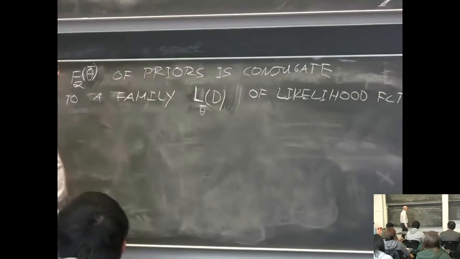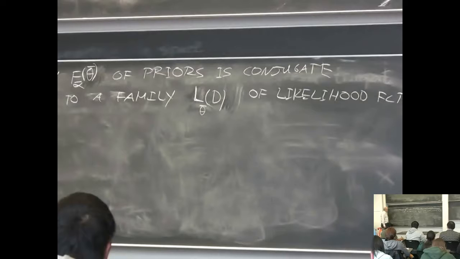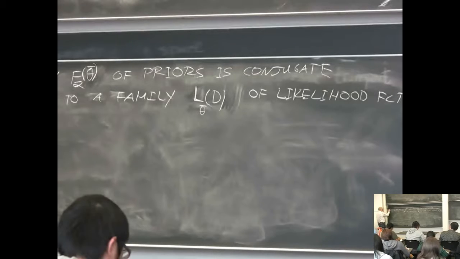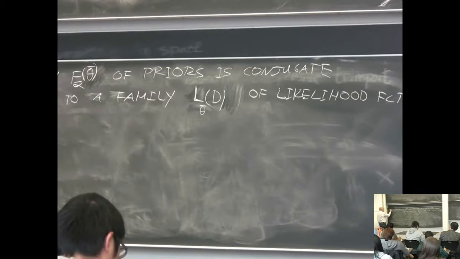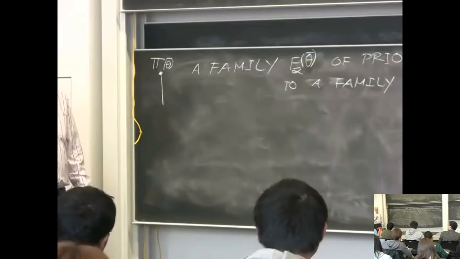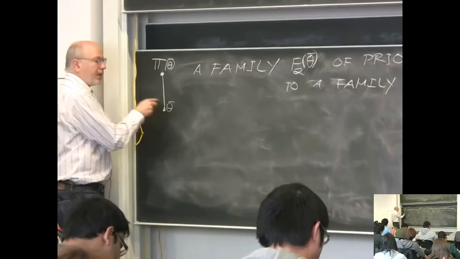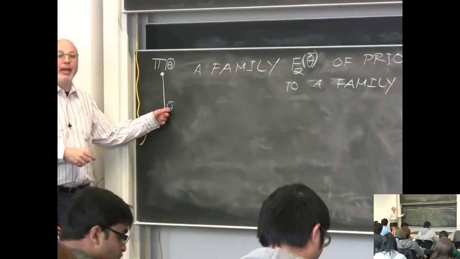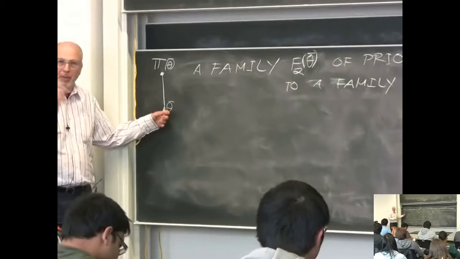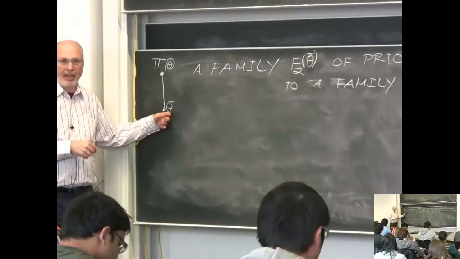So the picture is there is some prior distribution, pi, that gives us theta. You sample from this distribution and you get a set of thetas, one point in high dimensional space.